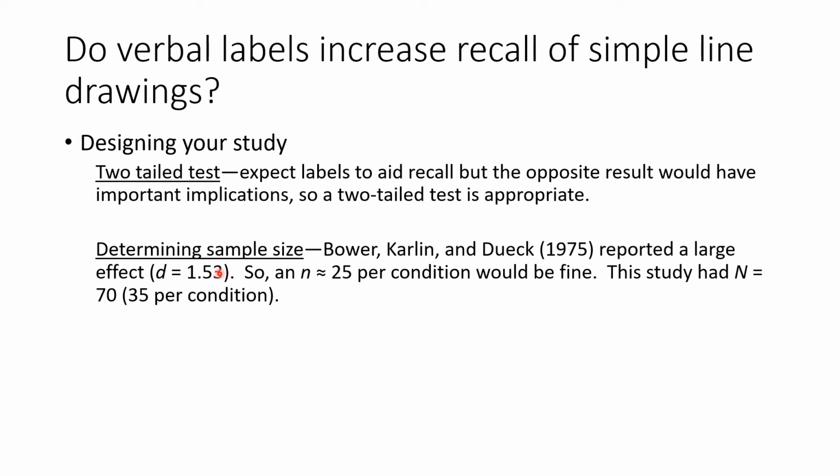The study that we're going to do actually had 70 people in the study, 35 per condition, so you should be fine. This should be a sufficient sample size to have enough statistical power to detect a large effect.